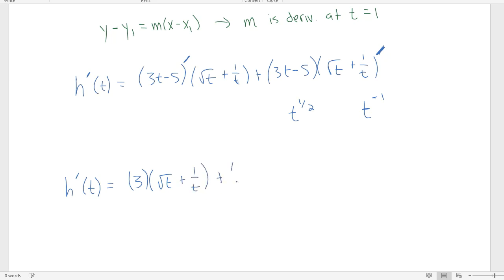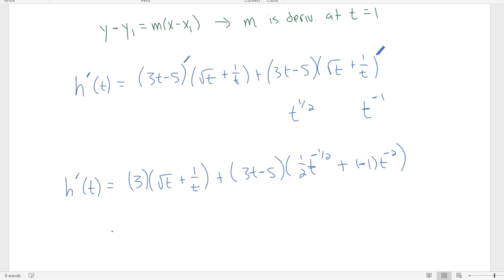And then plus, I have 3t minus 5, and I'm going to differentiate this function. I'm going to differentiate root t, that's 1/2 t to the 1/2 minus 1, by the power rule. And when I differentiate this other term, I'm going to bring the negative in front, and then I'll have -1 minus 1, which is -2.